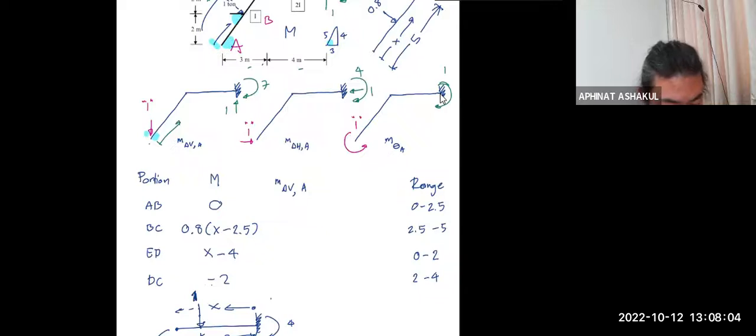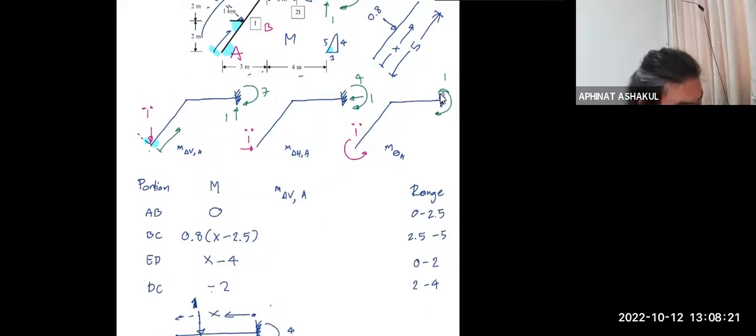I need the load. That's correct, right? That's the angle. So it's cosine, and it's a negative moment. So cosine is 0.6.